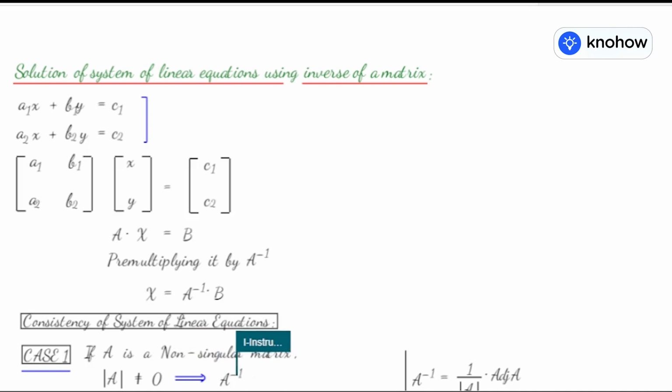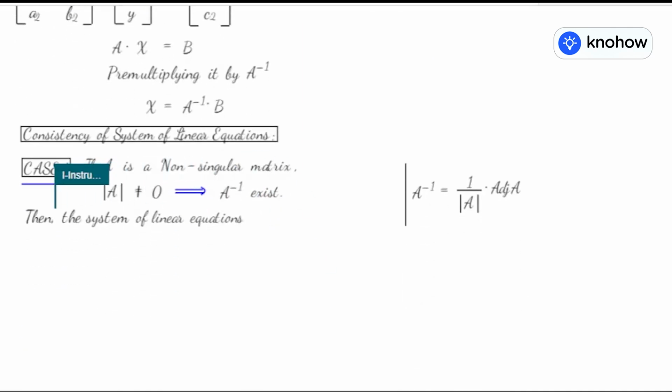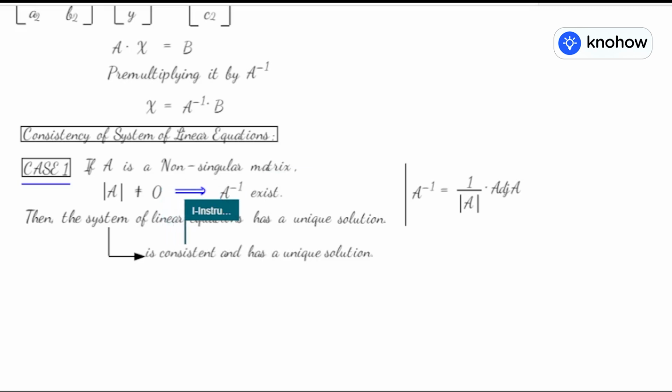Obviously, then A inverse exists, and if it is so, then we can solve the system of linear equations, and we say that the system has a unique solution. The system is consistent and has a unique solution.